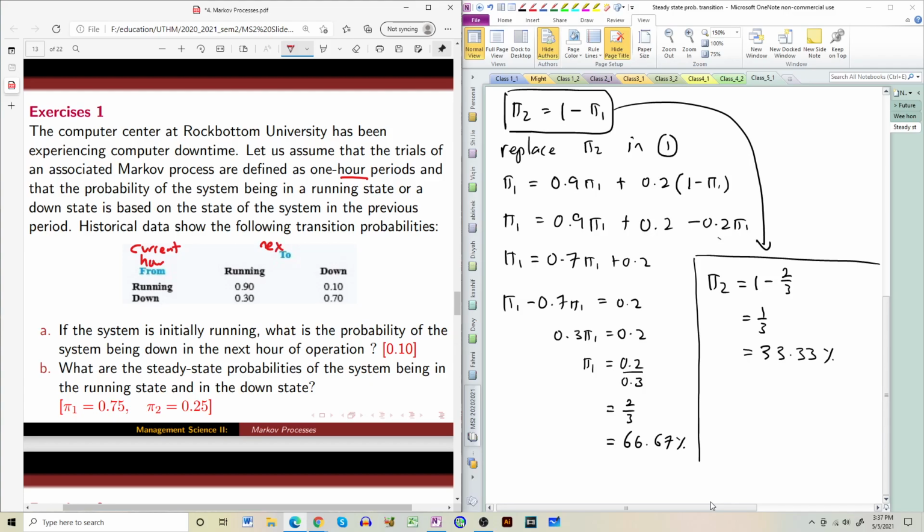This is the next hour. Question A, if the system is initially running here, what is the probability of the system being down in the next hour? The next hour it is down is, taken from the table, 0.10. That is very easy. I purposely give you this so that you can understand.